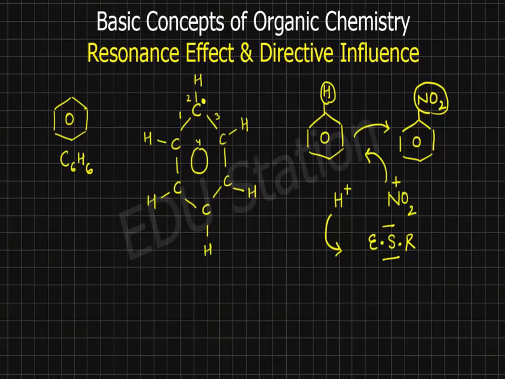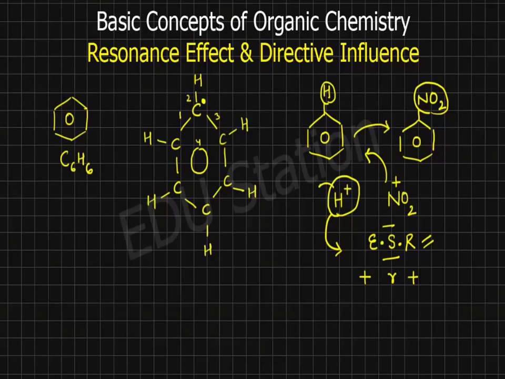First, you have to be very clear with this term. Electrophile means positive or electron deficient. If positive replaces positive, those reactions are called as electrophilic substitution reactions. In benzene, these reactions usually occur because benzene loses its H plus.